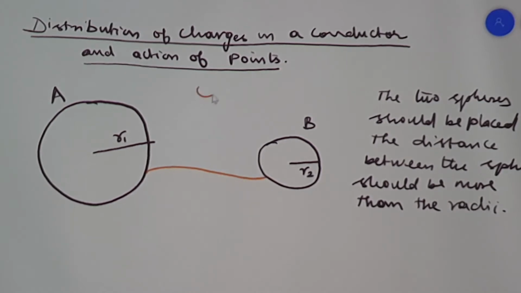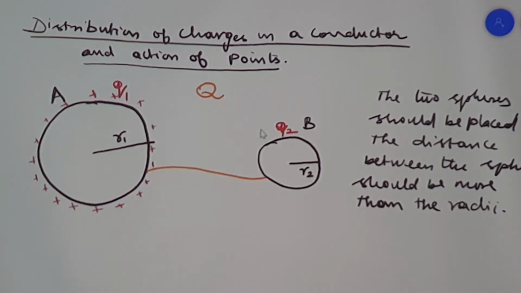Now a total charge Q is given to this combination. When a total charge Q is given to this arrangement, a charge of Q1 is distributed over the surface of sphere A, and a charge of Q2 is distributed on the surface of B. So on the surface of A, you will have the charge Q1 distributed uniformly over its surface.